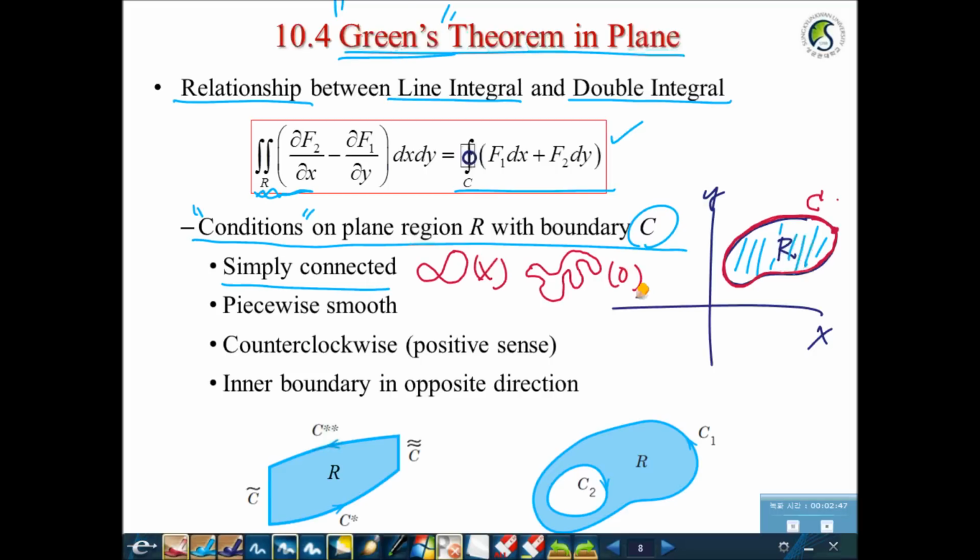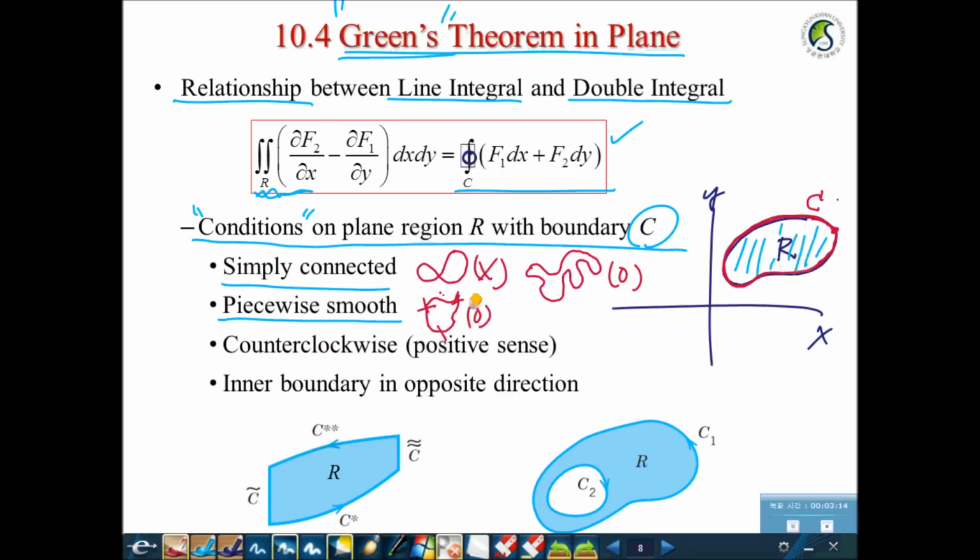The second condition is that it has to be piecewise smooth. It has to be a smooth function, but piecewise. Like this, that's fine, as long as this piece is smooth, this piece is smooth, and that piece is smooth.